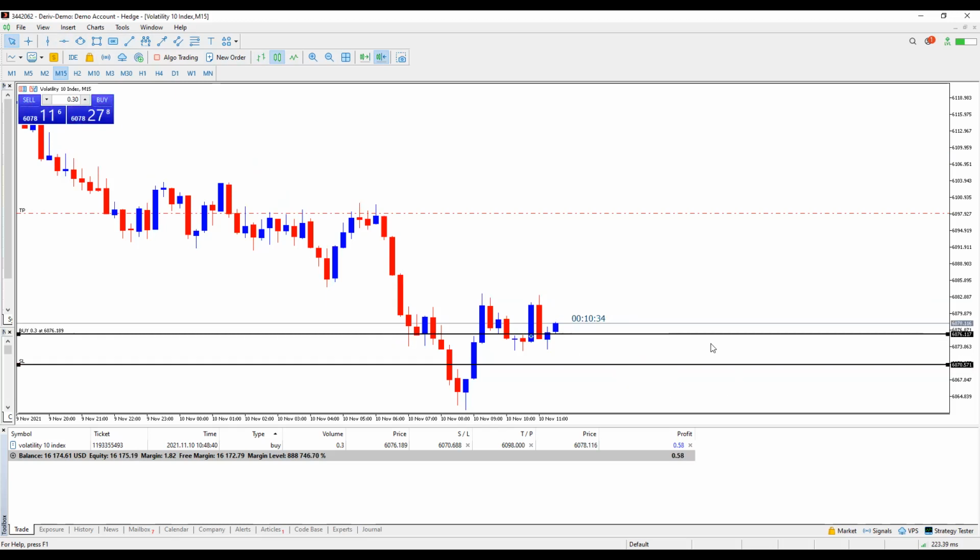We are going to do the same thing. We are going to say the entry price, which is 60676. The number is here, guys. 0.117. We subtract it from 6070.571. You're going to get a number of 5.546.